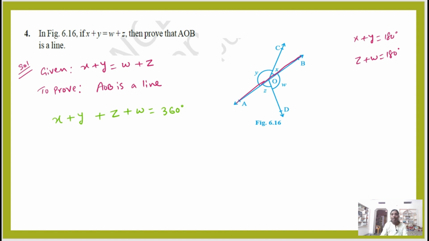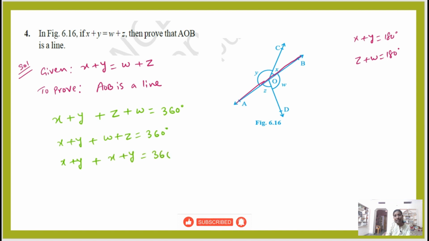Now, let me write it like this. x plus y plus z plus w can be written as x plus y plus w plus z is equal to 360 degree. Now I will replace w plus z with x plus y. Why?